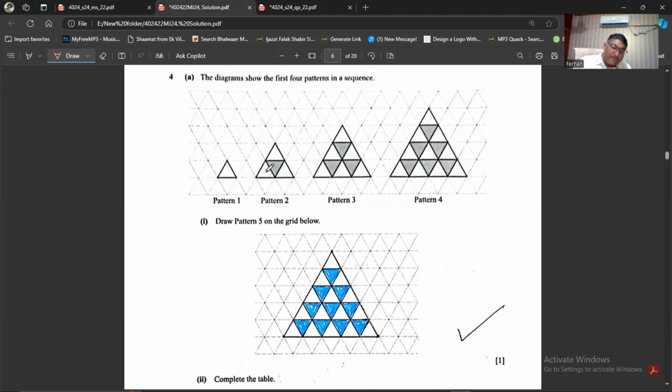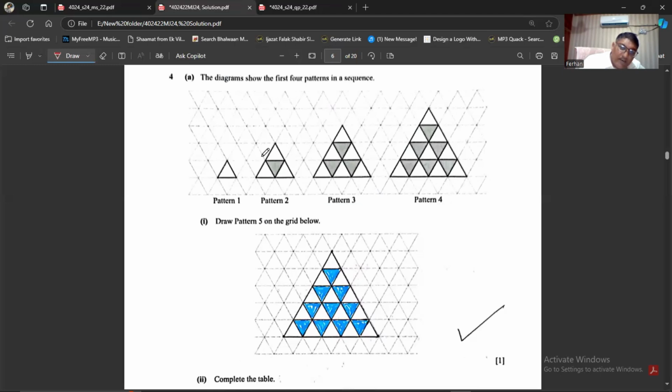Here you have no gray tile. Here you have 1 gray tile. Then you have 2 and 1. Then you have 3, 2 and 1. Here you will have 4, 3, 2 and 1. You see, colored means the gray tiles. The rest are white. You see here you have 1 diagonal, 2 diagonal, 3 diagonal, 4 diagonal.